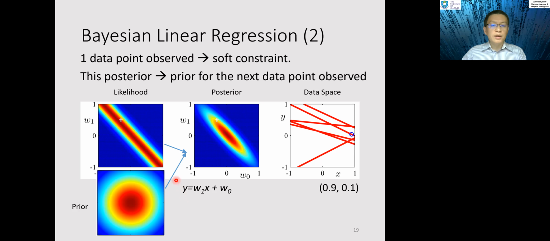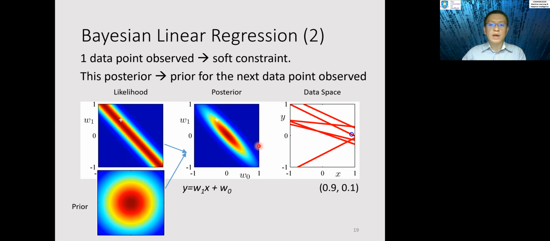Now let's look at the Bayesian inference. We need to consider the prior distribution. We multiply the two distributions, then we will have the posterior distribution over here. So this is a posterior distribution.